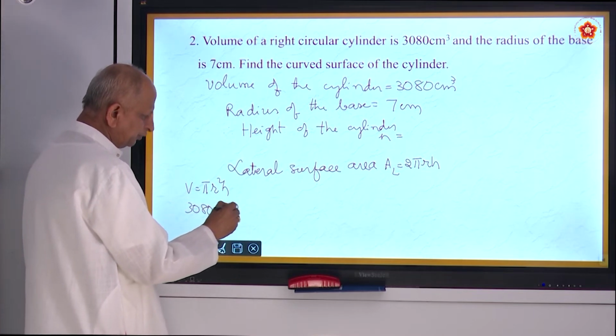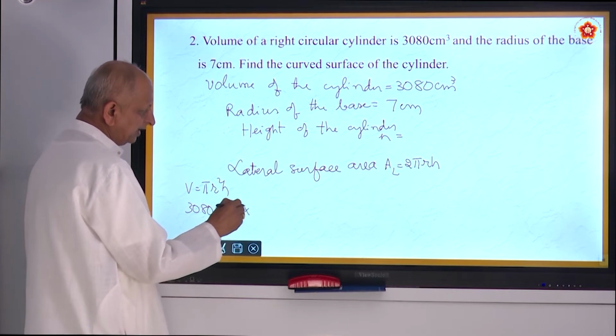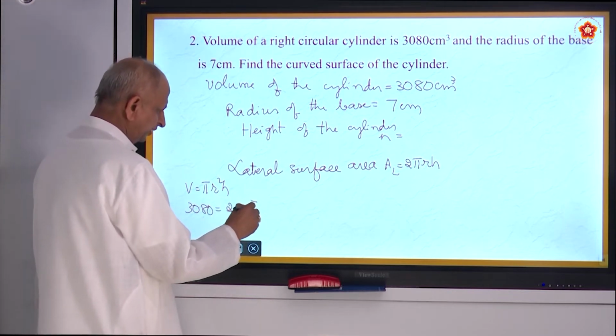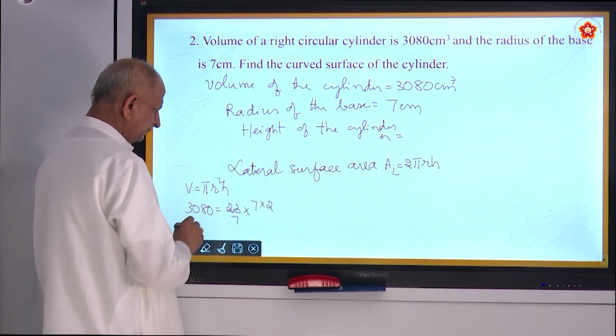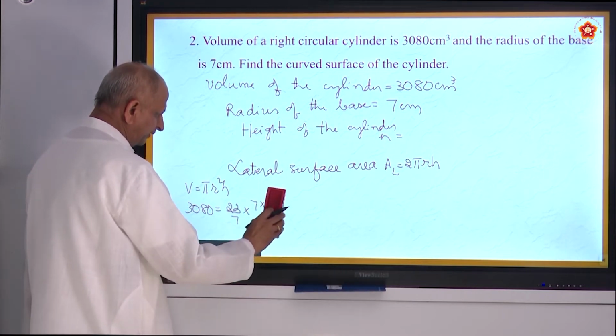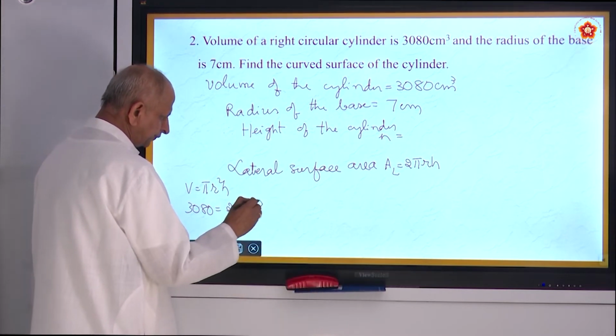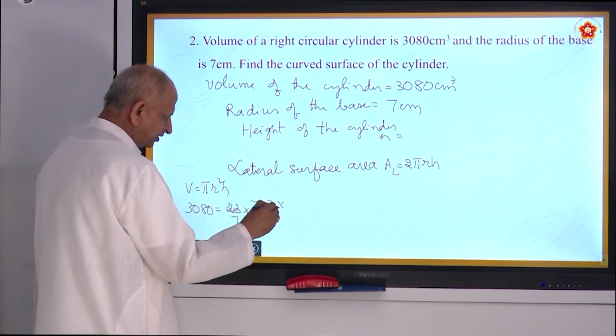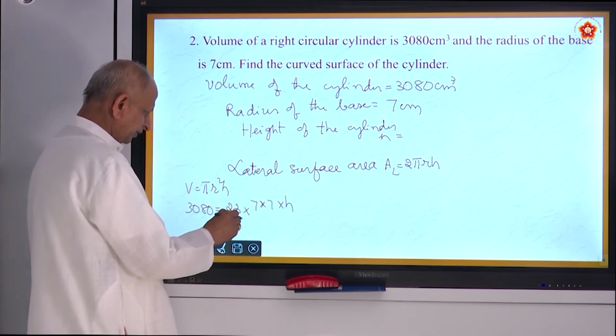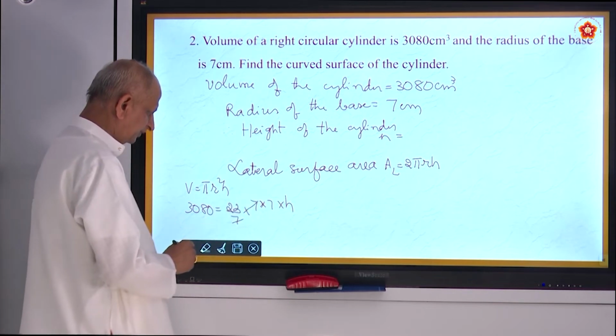Pi is 22 by 7. R square, what is R? 7 into 7. That is R square into H. H you have to find out. 7 ones are cancels.